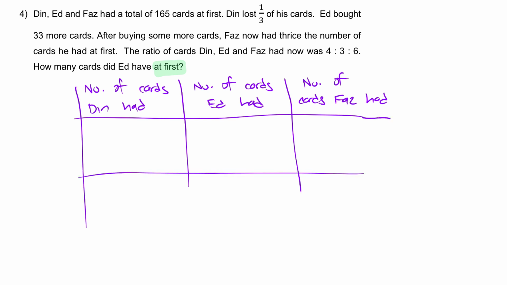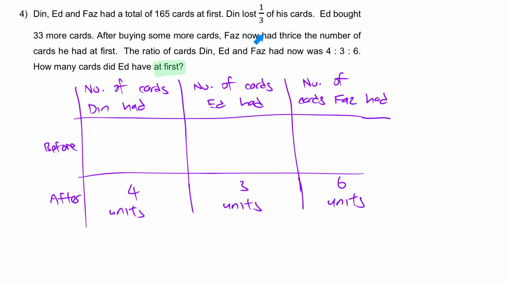And we're going to have before, after. What is the ratio at the end? The ratio at the end is 4 is to 3 is to 6. This is the ratio they had at the end. 4:3:6. Let's work our way backwards.